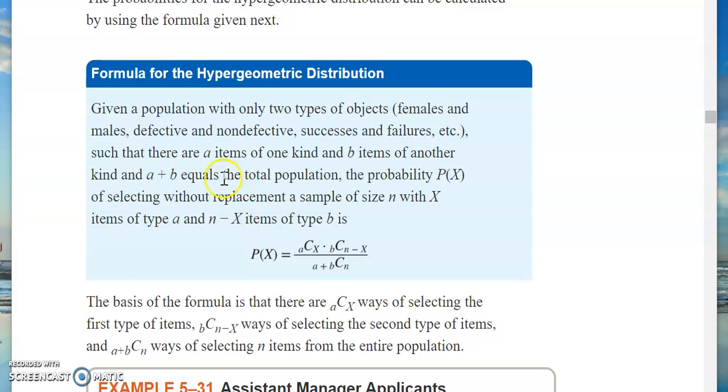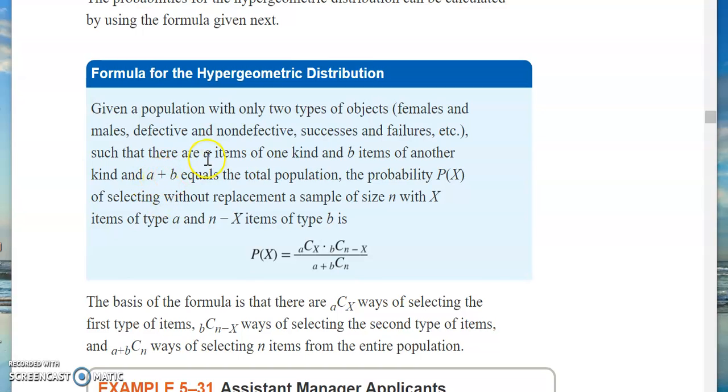Well, there's A. A is like a variable, so to speak. This is the number. Say there are 12 items of one kind and B items of another kind. So maybe there are 12 of the first type and 13 of the other type.